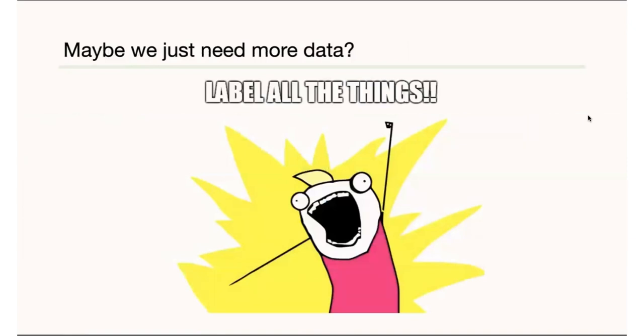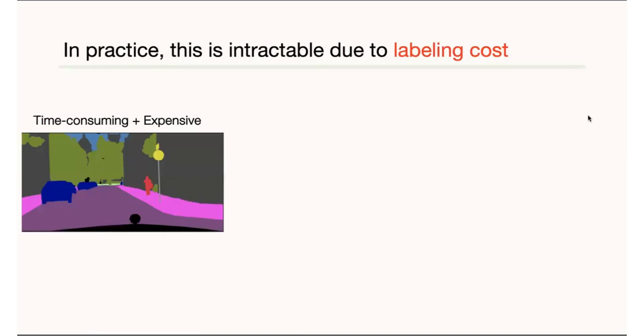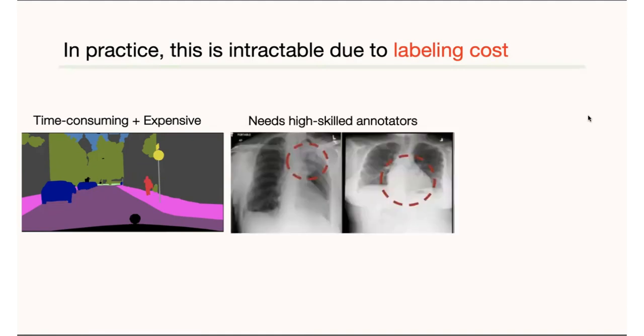So maybe you might say, we just need more labels, we just need more data, and that solves all problems. So why not just do that? There's a couple of reasons. One, quite intuitively, is because labeling is expensive. If you want to label semantic segmentation scenes, I think people have done a cost analysis, and a single frame costs up to $5 for an annotator to label per pixel.